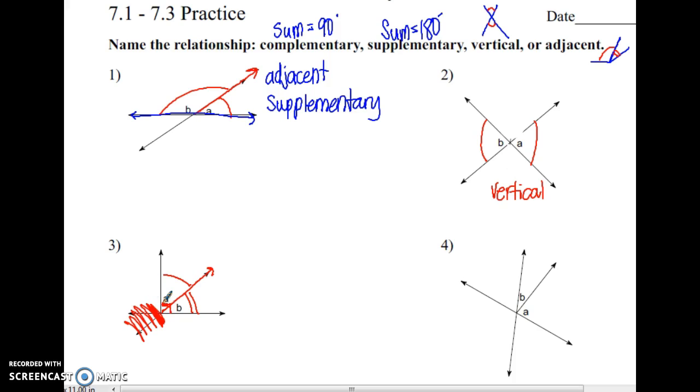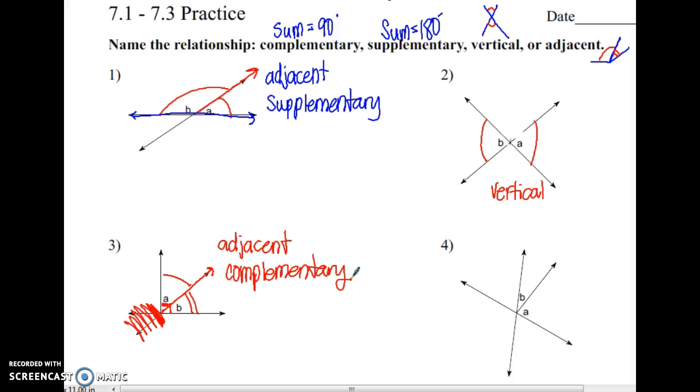Since they make a 90-degree angle, these two angles are not only adjacent, but they are also complementary angles. Together, they form a 90-degree angle.